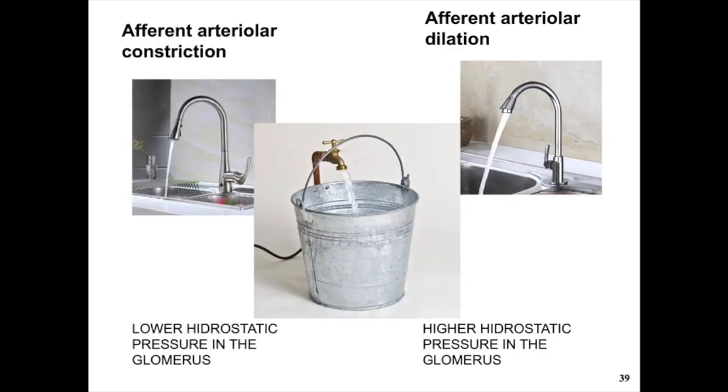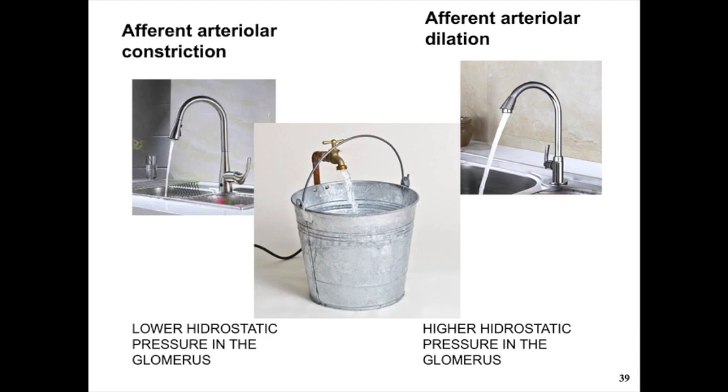So I'm going to be using this metaphor, maybe too simple, maybe it's not necessary for most of us, but maybe for some students this metaphor helps. So bear with me here. If you imagine a bucket, and the bucket is the glomerulus being filled up with water that comes from a faucet, the more you open the faucet, the more water pressure there will be in the bucket. What is opening the faucet is vasodilation.